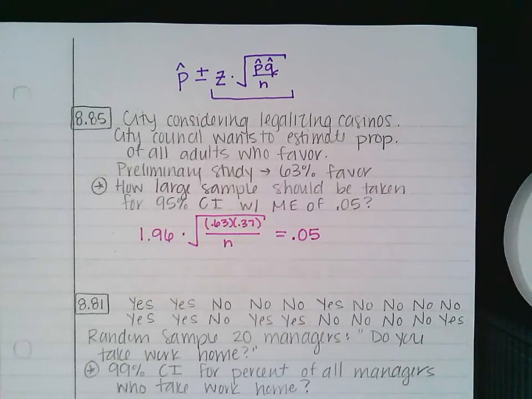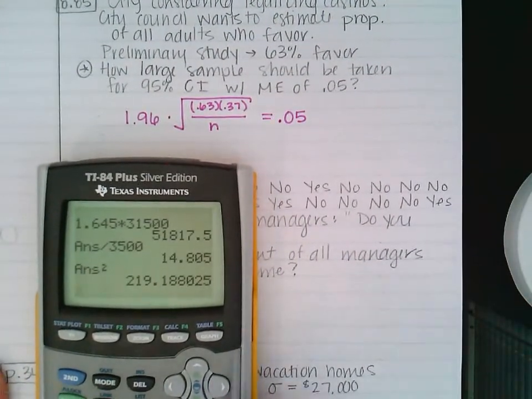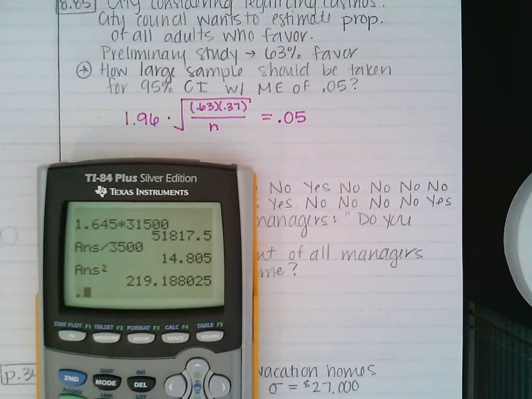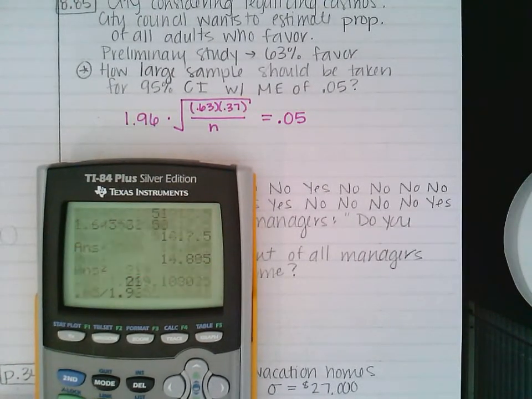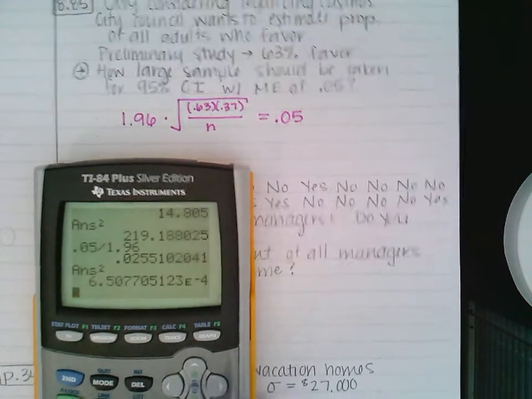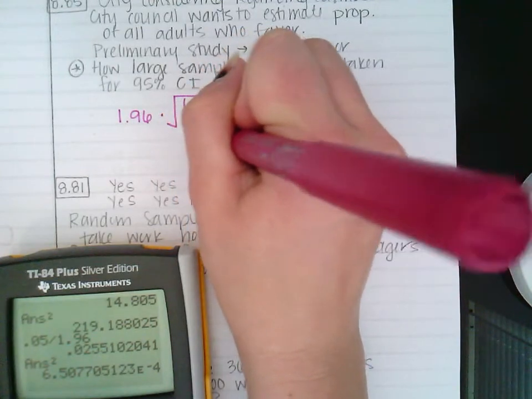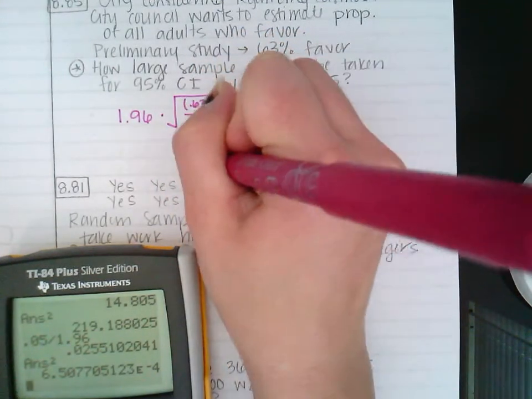Okay. We're now going to solve this for n. Different than when we did this with means, you're actually going to divide by 1.96 first. Okay, and then square both sides. So I get a really, really teeny number, which is always going to happen.